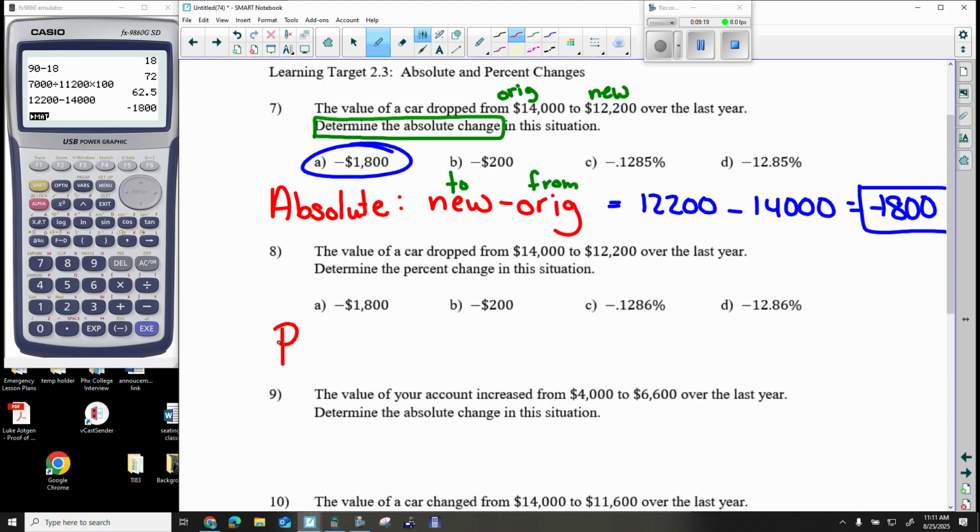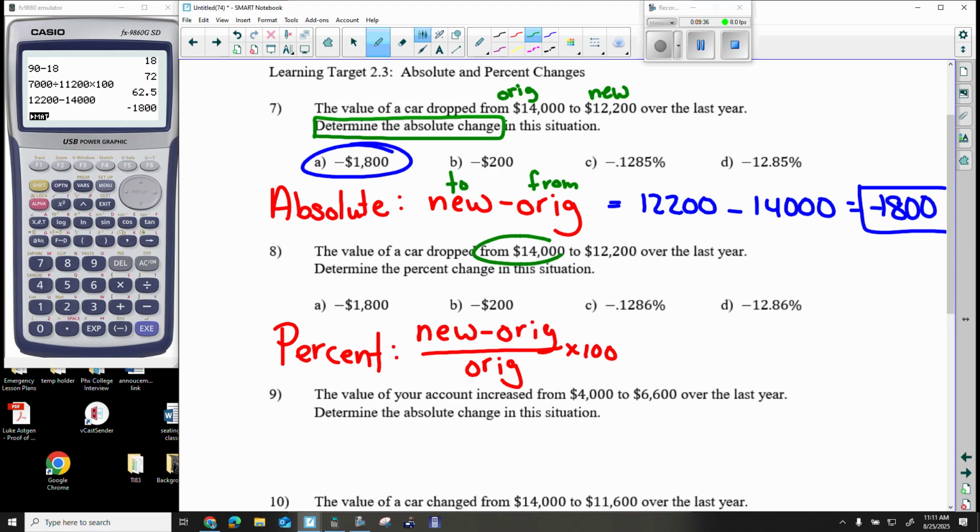Comparatively, the percent change starts pretty much the same way, new minus the original, but this time we have to divide by the original, and then times 100. So again, I still have my from and I still have my to. Make sure those go in the correct places, but everything else will pretty much take care of itself.